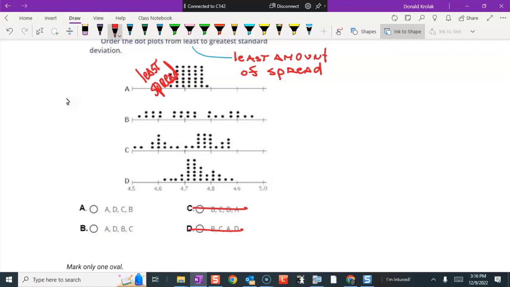If this was the smallest, this would be the next one up. Now between B and C, if you look at the spread, B is more spread out than C. So C is third, and B would be fourth. So A, D, C, B, choice A.